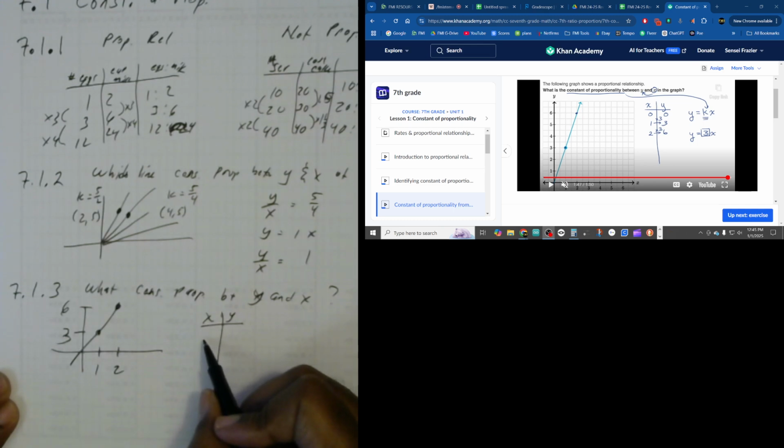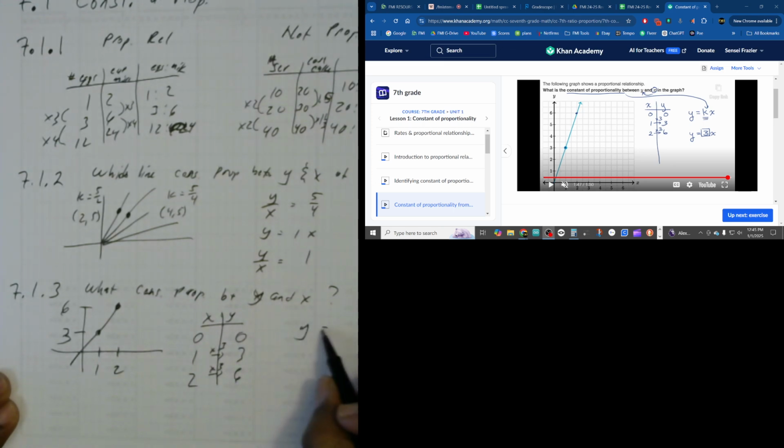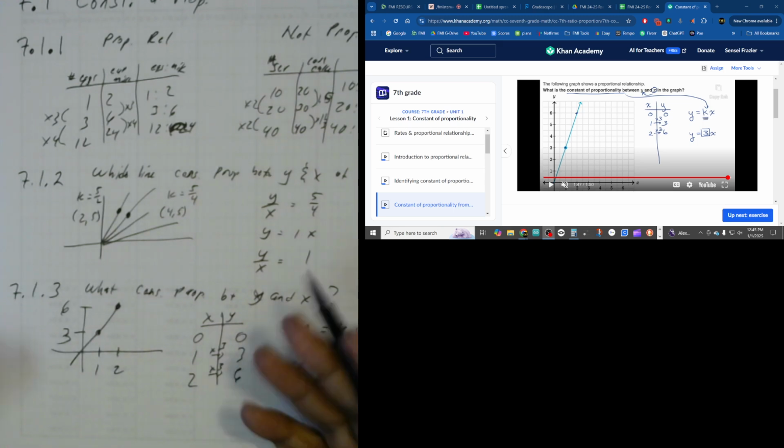The numbers they have there are 0, 1, and 2, and over here they have 0, 3, and 6. Then they have arrows with a times 3, another times 3 there. So they have y equals kx, and then they write y equals 3x, with a little box around the 3. So we're done.